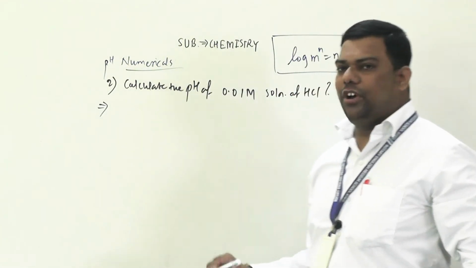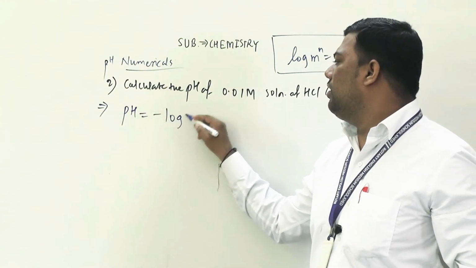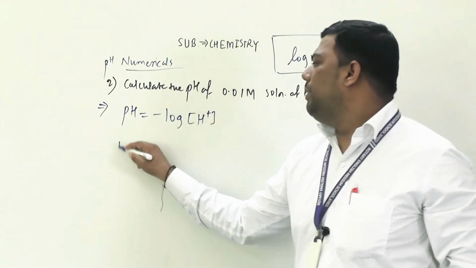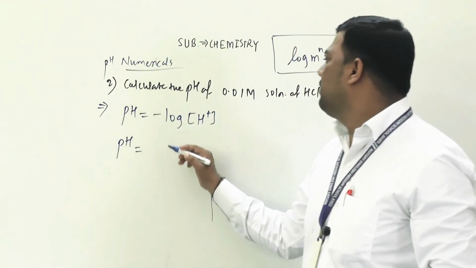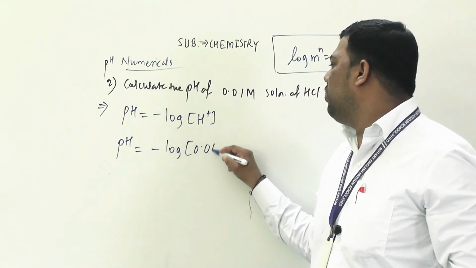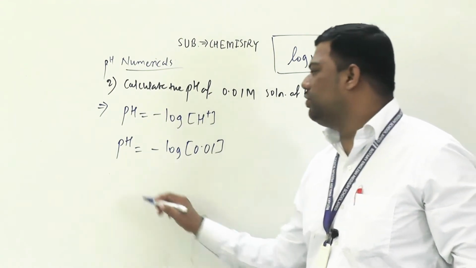Without wasting time, write the formula: pH is equal to the negative logarithm of the concentration of H plus ions. So pH is equal to negative logarithm of 0.01. 0.01 means 10 raised to minus 2.